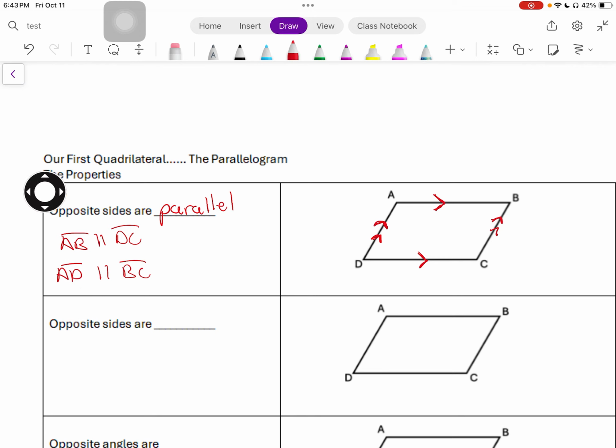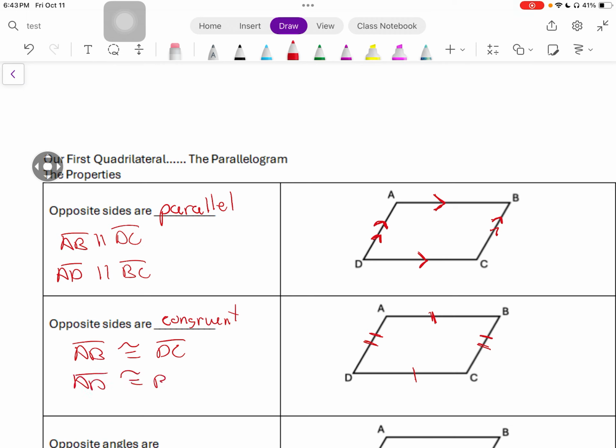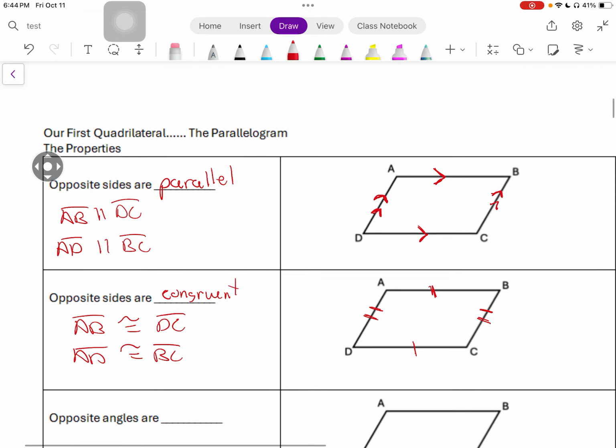Our second property is that opposite sides are also congruent, right? So that means that AB is the same length as DC, and AD is the same length as BC. And again, we can write it out in notation if we want. We don't have to, but it's good to know how to do this for videos in the future or just for practice in the future.